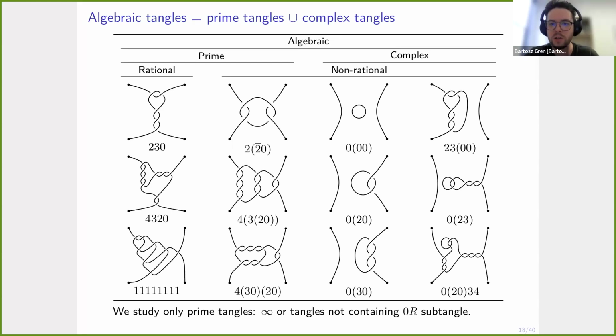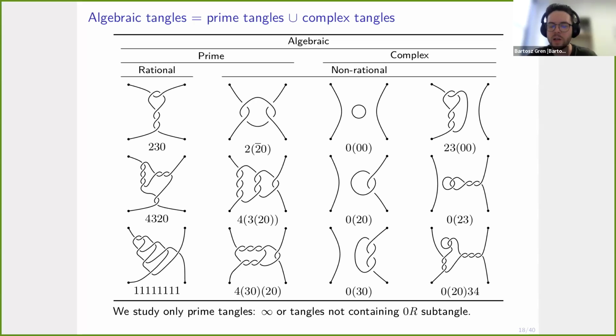We can also say that they are complex, per analogy to prime knots and composite knots. As you see here, these complex tangles are knotted in a way that this knotted part can be moved along a strand. So the isotopy preserving moves which can be applied to such a tangle are simply non-local.